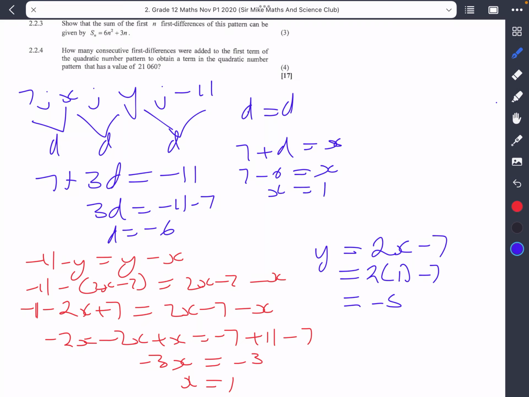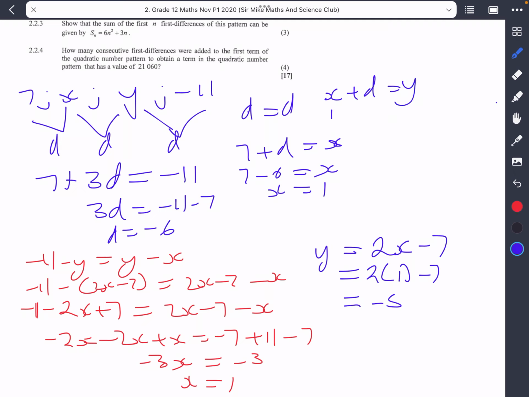And for y, from the first term to that y, or you could take the second term, it doesn't matter, you add a d. So from x to y I added a d. We know d is negative 6, so x plus d must give us y.